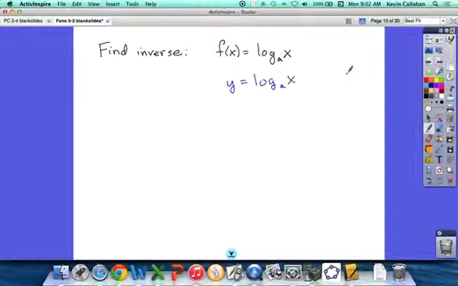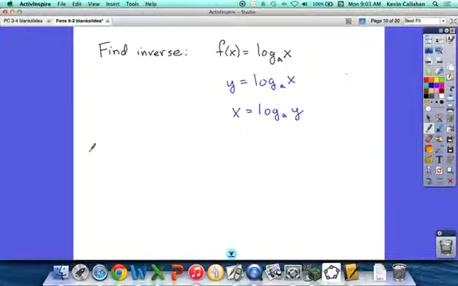And then what? Switch the x and the y. And then what? Solve for y. Well, here's the thing. We don't know how to solve logarithm equations yet. So what we can do is convert that to an exponential.